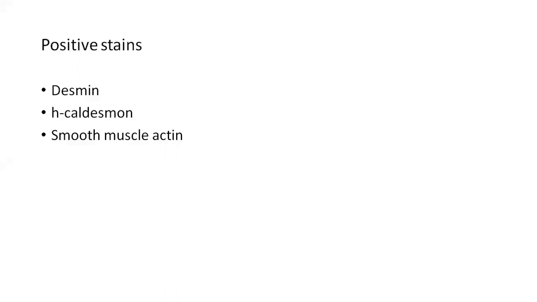Whenever we have to make a distinction from other tumors, we can use desmin, h-caldesmon or smooth muscle actin, but they are hardly ever used because the morphology rules here.